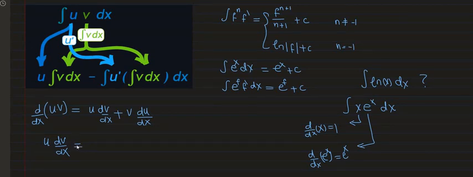If you want to solve this equation for u dv by dx, we can take that term to the other side with its opposite sign. So it's going to be d by dx of the product u times v, minus v du by dx.